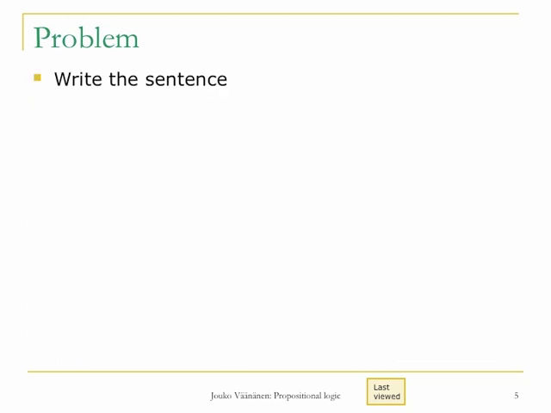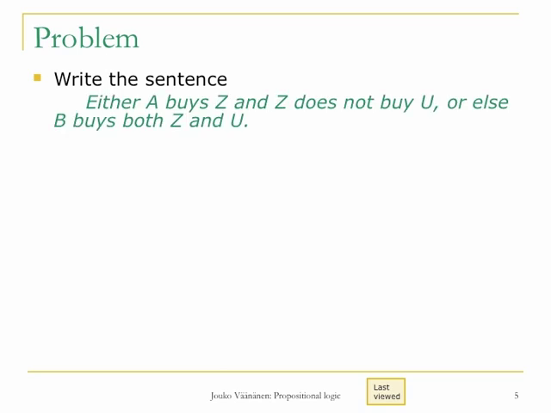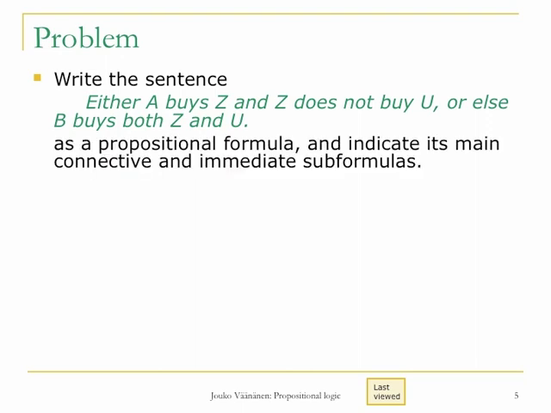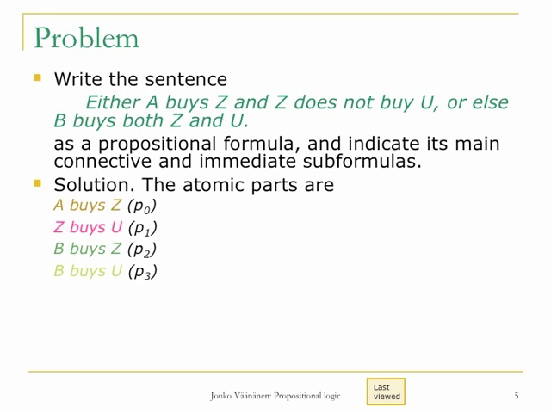Write the sentence, "Either A buys Z and Z does not buy U, or else B buys both Z and U," as a propositional formula and indicate its main connective and immediate subformulas. Solution.